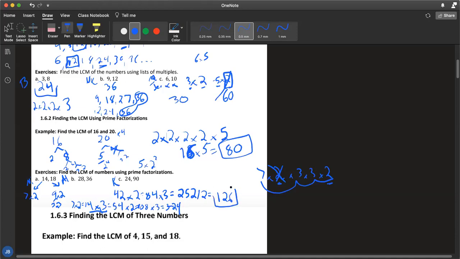And that would be our least common multiple. Does that make sense, Nicole? Does that make sense for everybody else? Does anybody have questions on that? No. Okay, perfect.